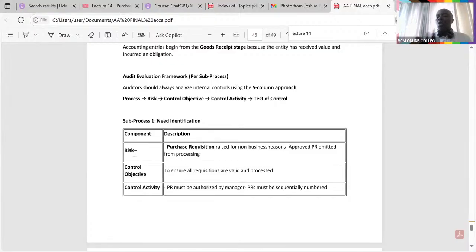Risk, what could go wrong? Ladies and gentlemen, whenever we are trying to capture the needs brought to us by the various departments that are making requests, there is a very high risk that I may capture the need wrongly.